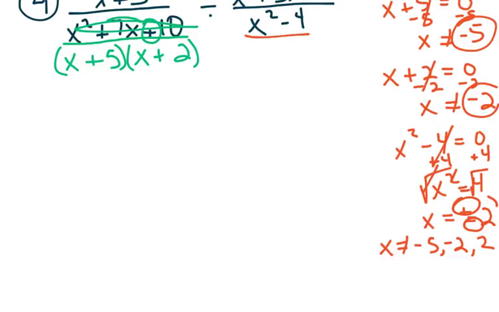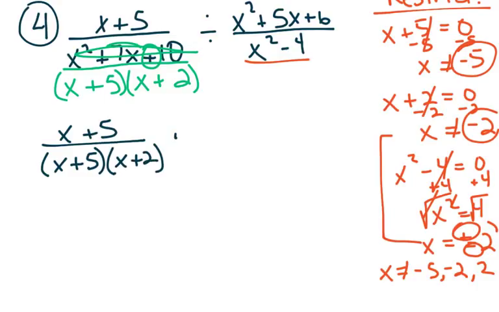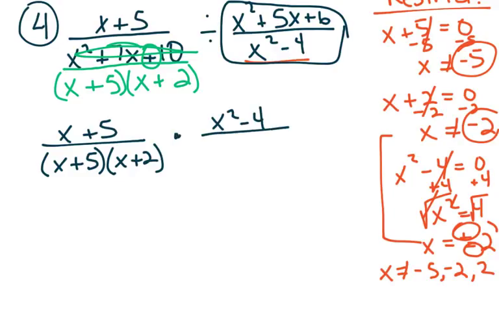So I still only have 3 restrictions because my negative 2 was repeated there. Alright, so let's go ahead and rewrite this. x plus 5 over my factored form, x plus 5 times x plus 2, times, and I am going to flip this, x squared minus 4 over x squared plus 5x plus 6.